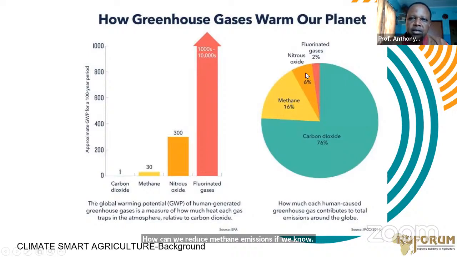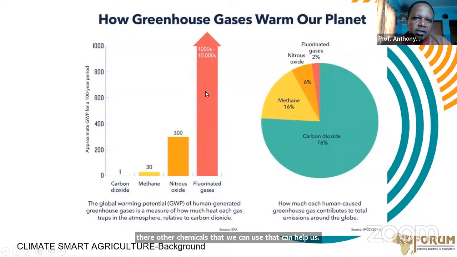How can we intervene and reduce nitrous oxide emissions? How can we reduce air conditioning and refrigeration systems that use chlorofluorocarbons? Are there other chemicals that we can use that can help us in minimizing the emission?